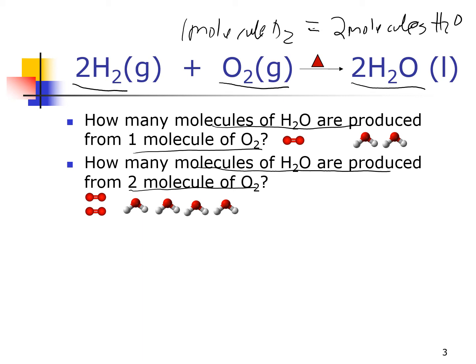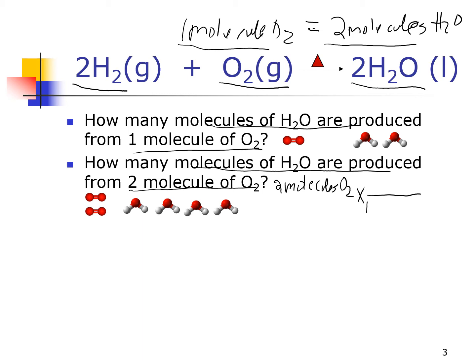We can write this out to show how we would solve our problem by starting with what we were given, which is 2 molecules of oxygen. We can use the coefficients that are related in the balanced equation, which tell us 1 molecule of oxygen produces 2 molecules of water, which is an equality, and create our conversion factor.